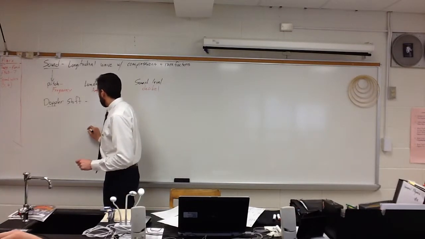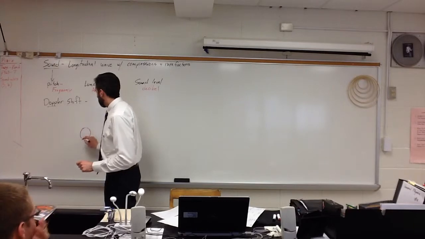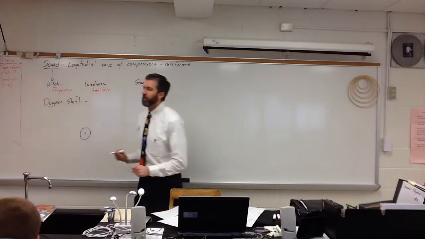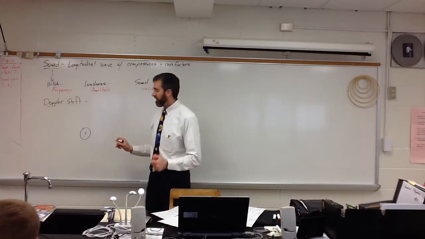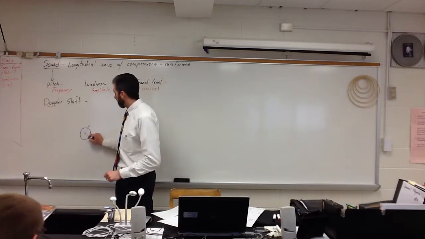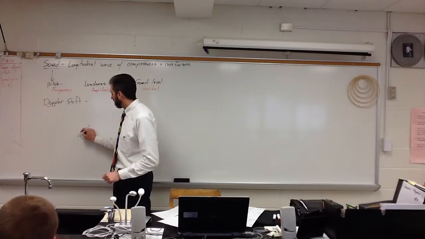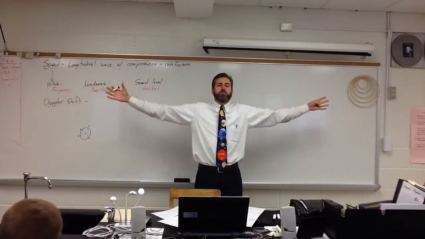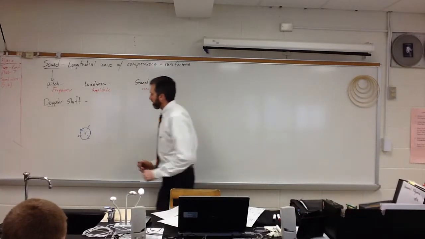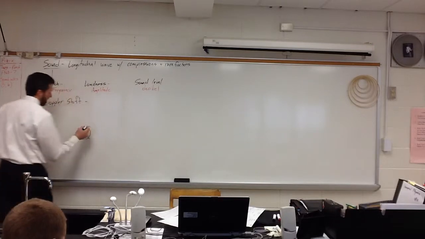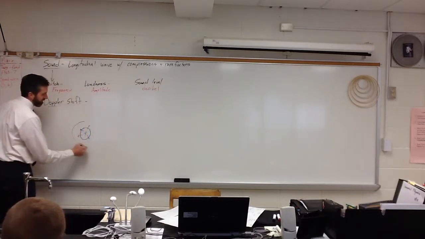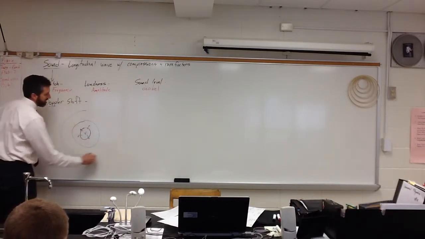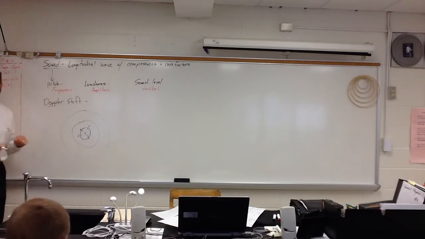If you have an object here, X marks the spot, and it's making a sound, that sound is going to travel outward three-dimensionally in all directions. So the sound just goes boom, out from that object. The wave fronts are going to travel outward, and I can draw it basically as concentric circles.